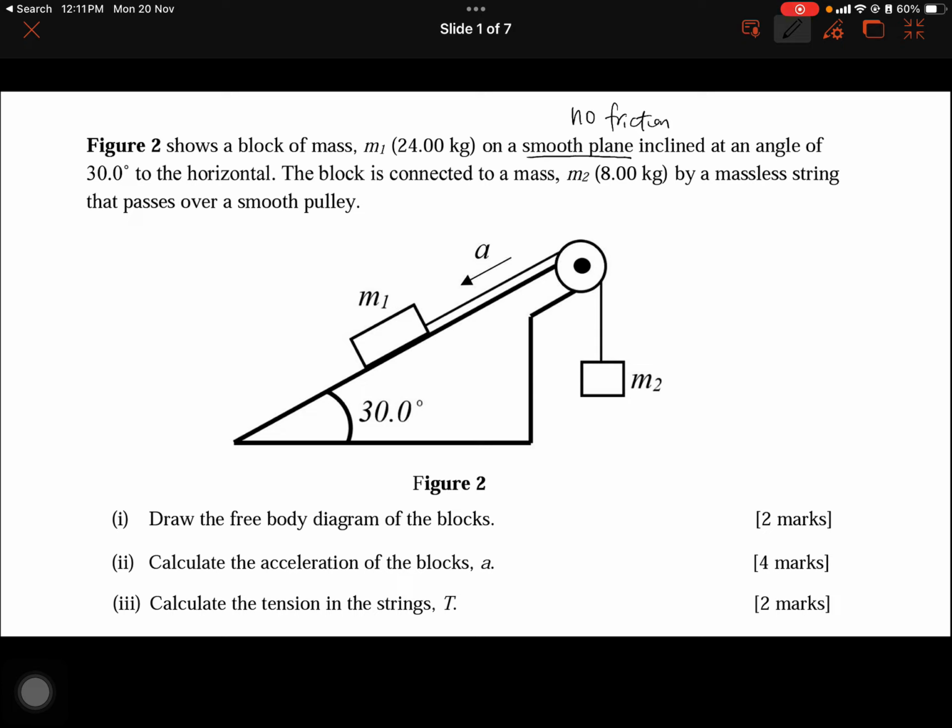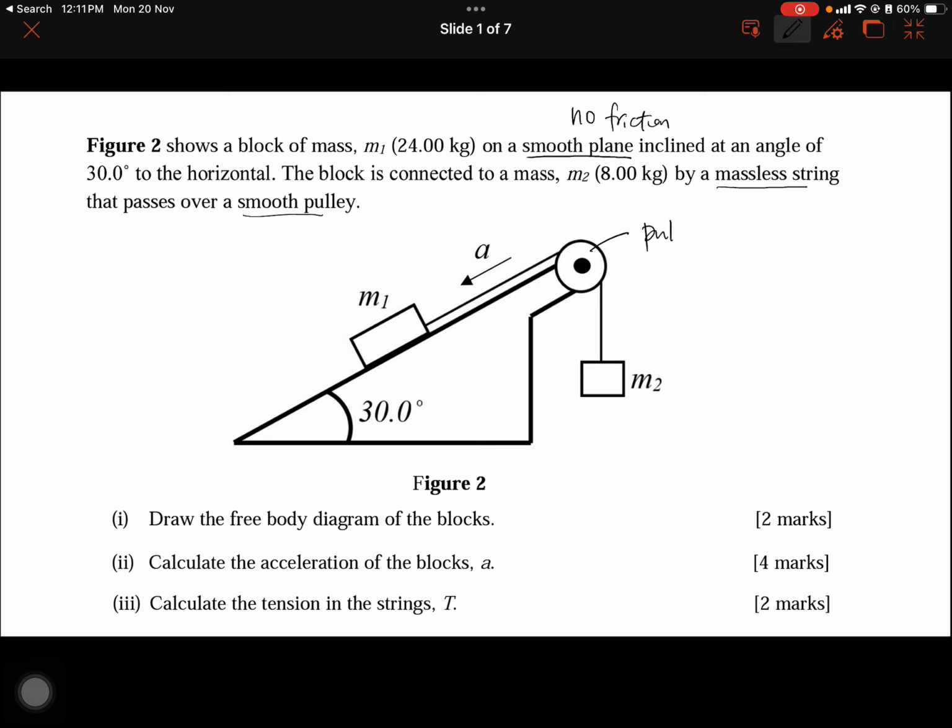Given the angle is 30 degrees to the horizontal, the block is connected to another mass, which is 8 kilogram. This is the hanging mass, 8 kilogram.